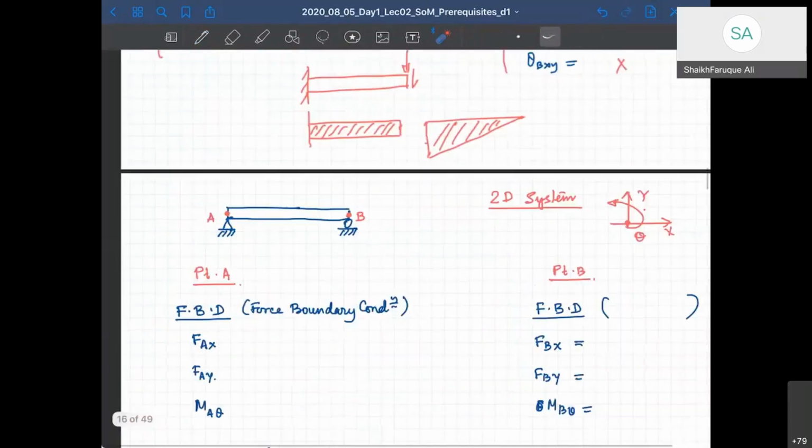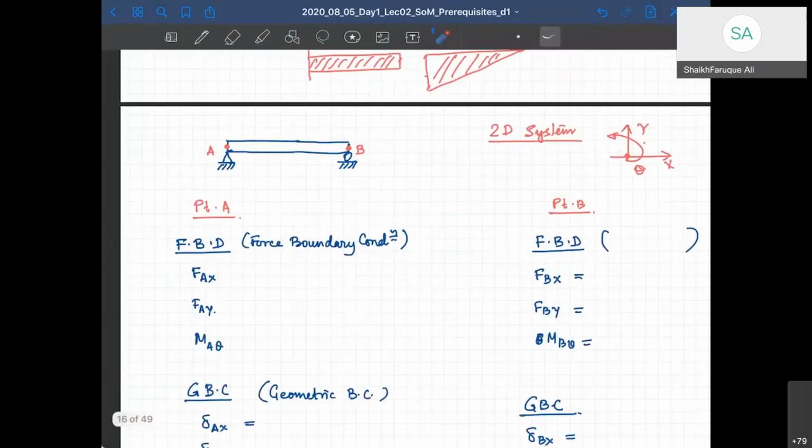Now here, for a simply support case, what do we have as a boundary condition? What do we say a simply supported structure as? When we say simply support, what do we mean by a simply support? Can you tell me? Anyone?